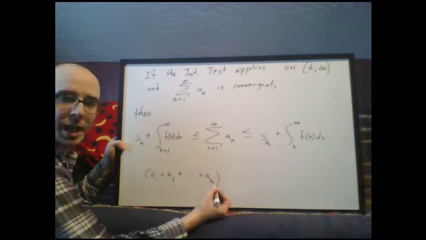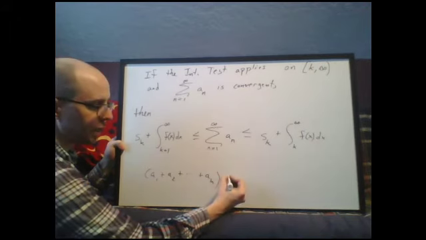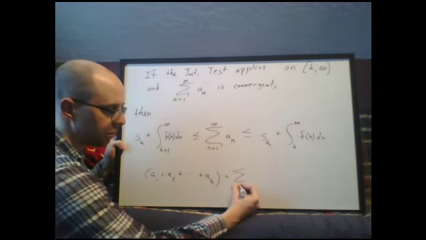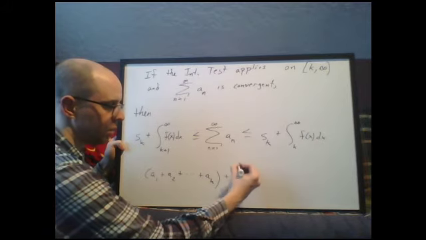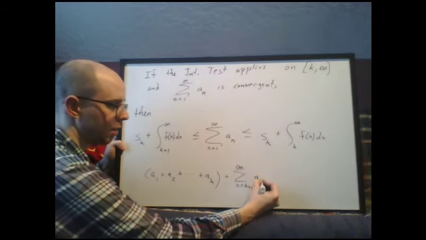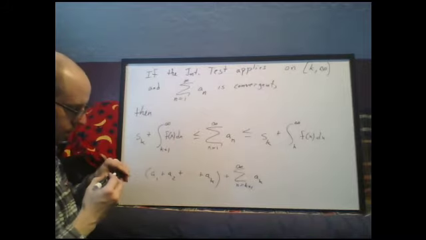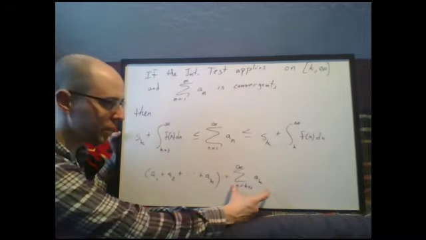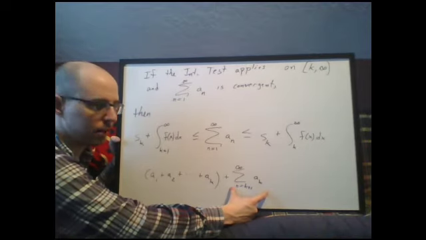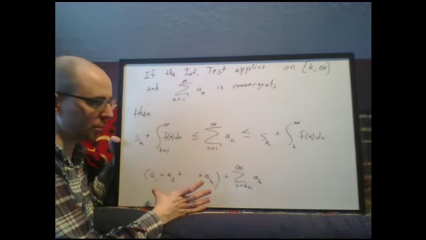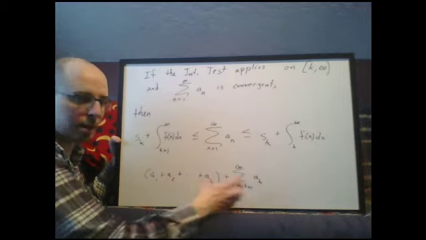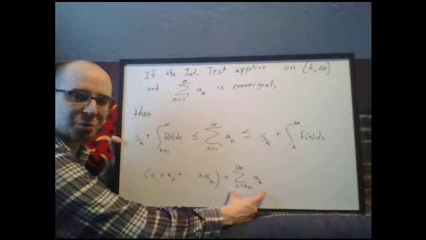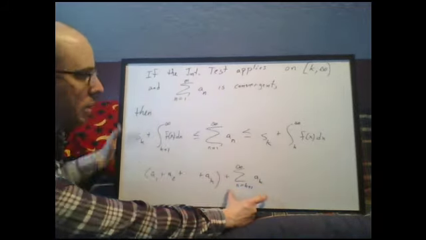But if I want the exact value of the series, I still have the rest of the sums to go. So that would be n equals k plus 1 to infinity of an. So I have this remaining sum that's not in the partial sum. It's the rest of the series that's not covered by the partial sum. We can call that like a remainder series.